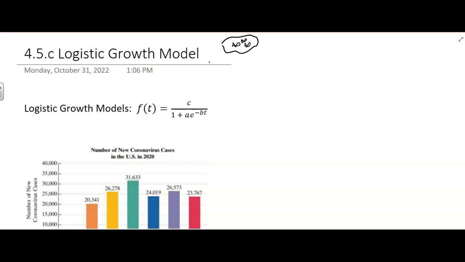Well, this is modeled by what is called a logistic growth model. And we have this function f of t, so it's over time. It's kind of complicated, that model. It can be written as f of t equals c over 1 plus a e to the negative bt.